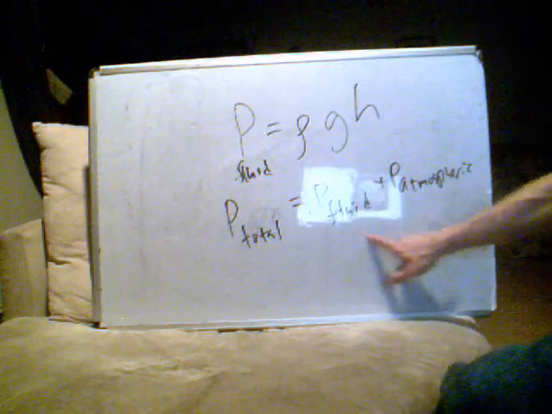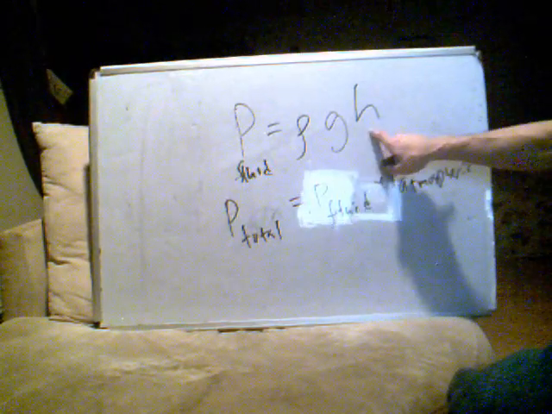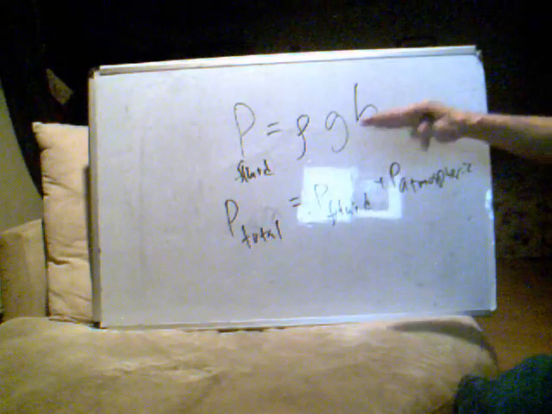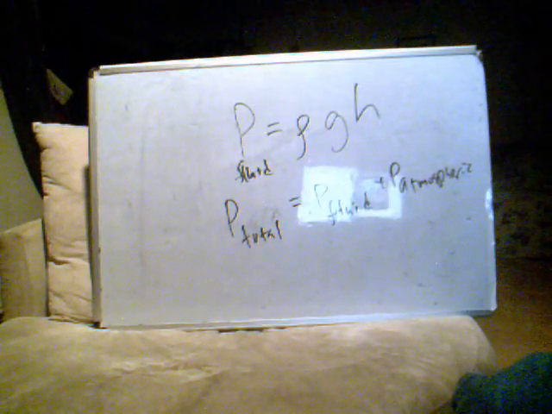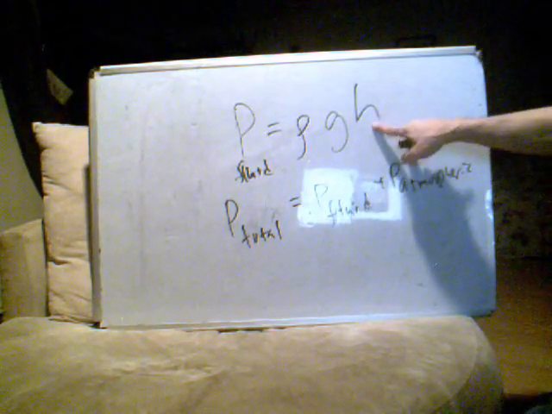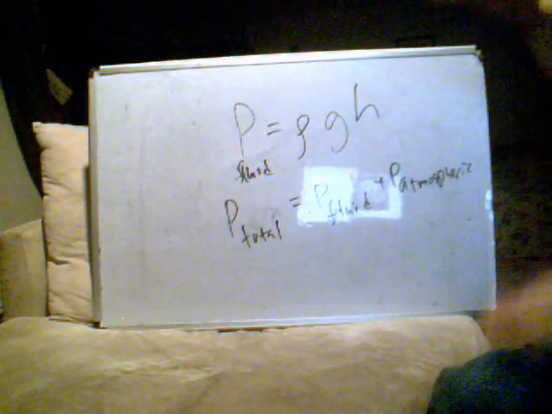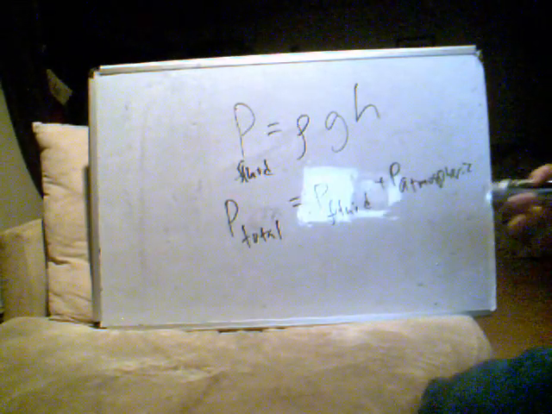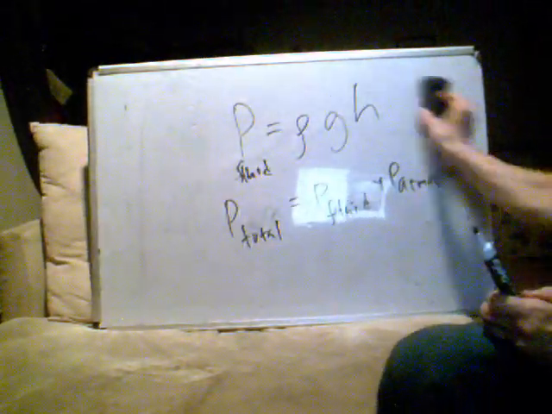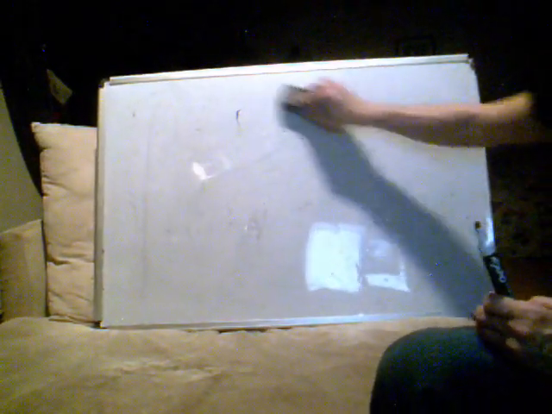But if you jump in the swimming pool, you've got the fluid pressure from however much water is above your ear, right? The height of the fluid column above your ear, plus the atmospheric pressure, because the atmosphere is still pushing down on the pool, right? Pretty straightforward, I hope.